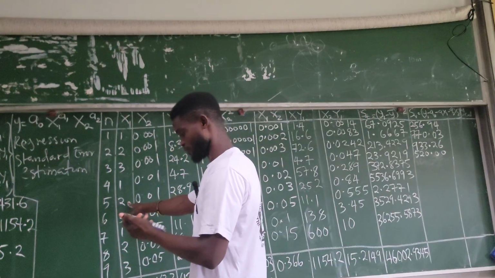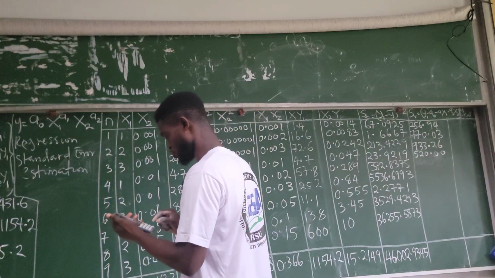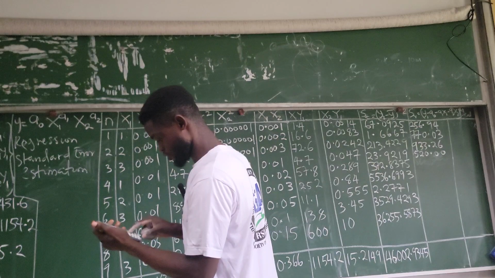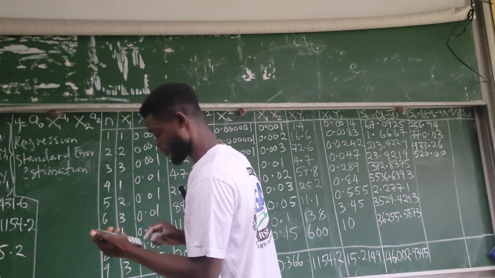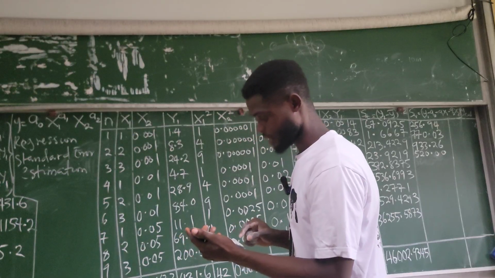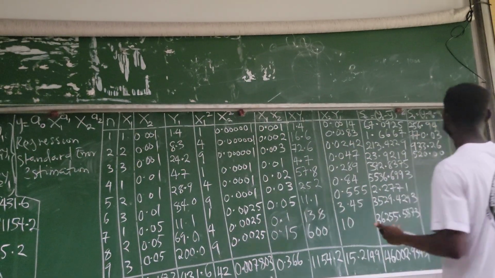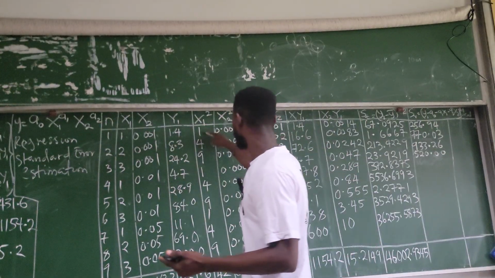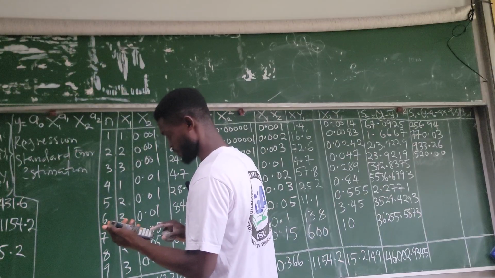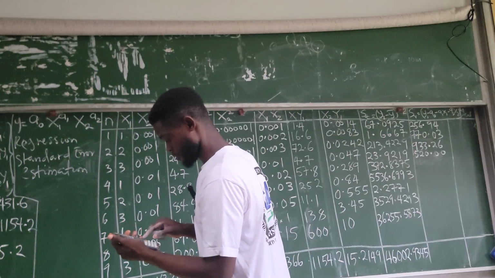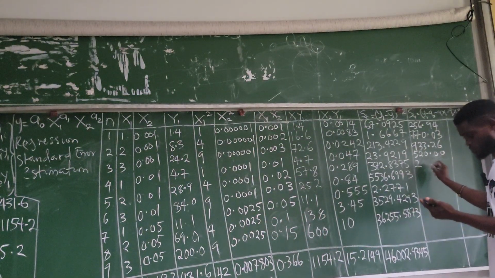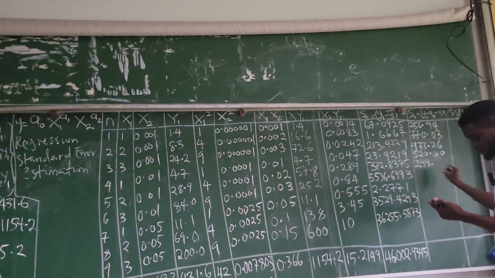So we have 2 times 2 minus 1129.34, okay, times the x2 for that column is 0.01 is equal to, square it. So we have 299.75.